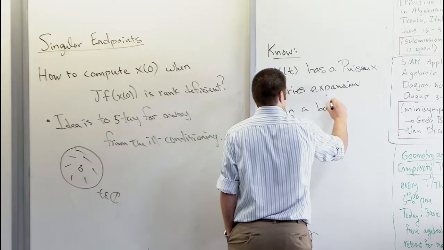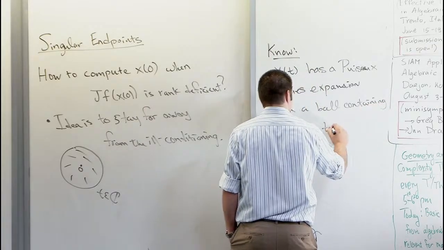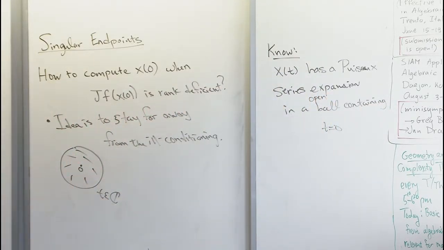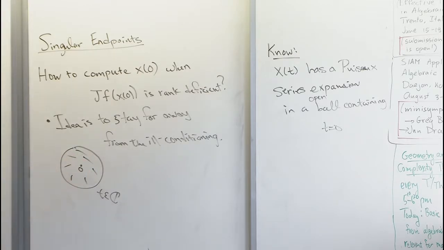In a ball containing t equal to 0. And of course, this is an open ball, as I've demonstrated here. So x sub t in this ball has a series expansion, and at t equal to 0 is where I want to find it. So I can do exactly what you suggested, sort of.